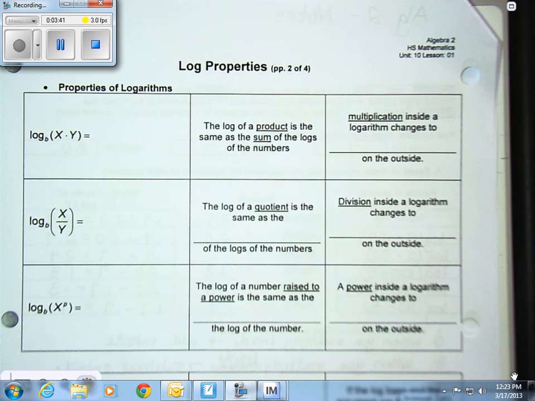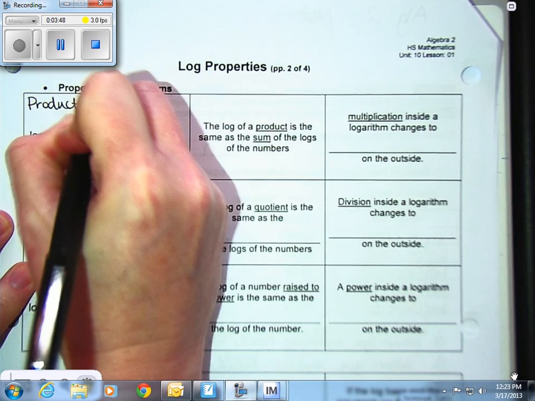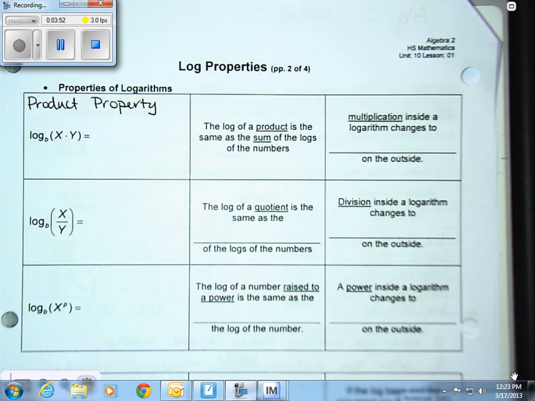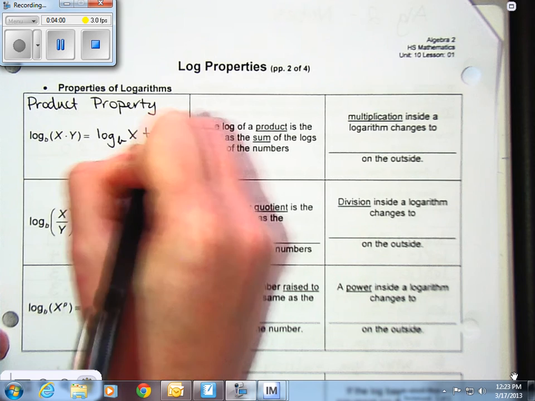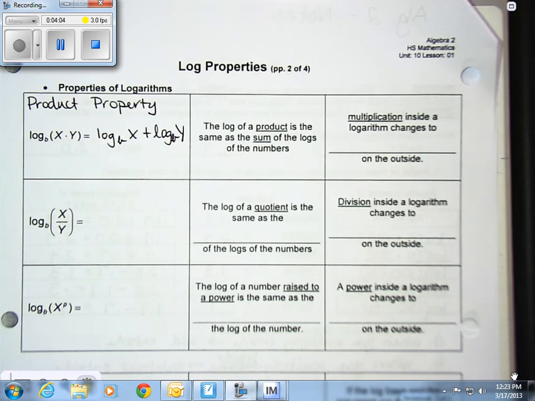The first property is what we call the product property. The product property says log base b of x times y is the same as log base b of x plus log base b of y.